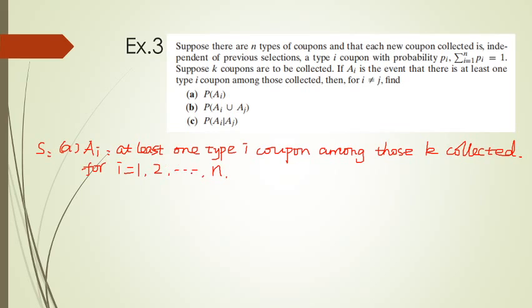It just means you choose at least one type i coupon among those k. So for the probability of Ai, you can think about Ai's complement, right? What is the complement event?